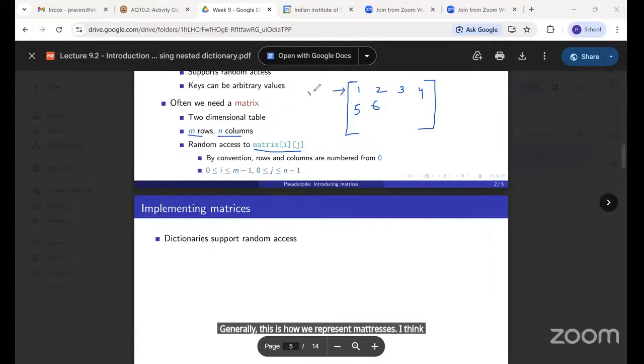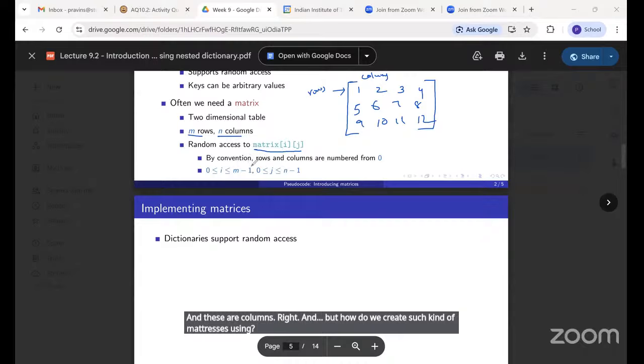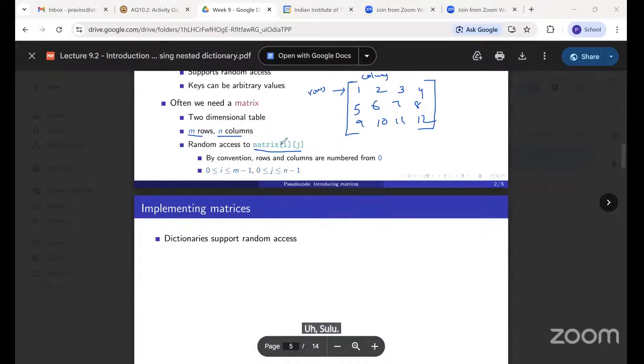Where these are rows and these are columns. But how do we create such matrices using pseudocode or any programming? Here, in CT, we'll look at the pseudocode.